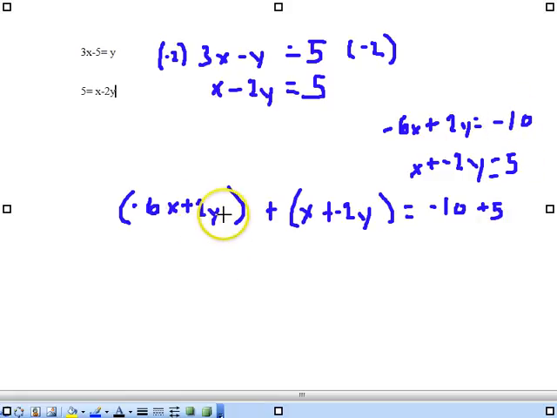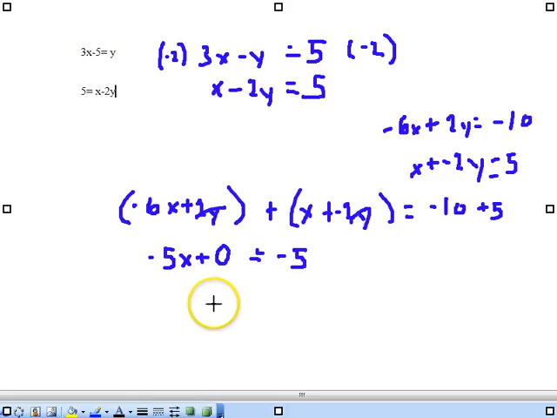And as you can see, you have a positive 2 and a negative 2, okay? So positive 2 plus negative 2 is going to give you 0, so those are going to be eliminated. And then negative 6x plus x will give you a negative 5x, and the 2y and the negative 2y are eliminated, so that's plus 0, equals negative 10 plus 5, which is a negative 5.